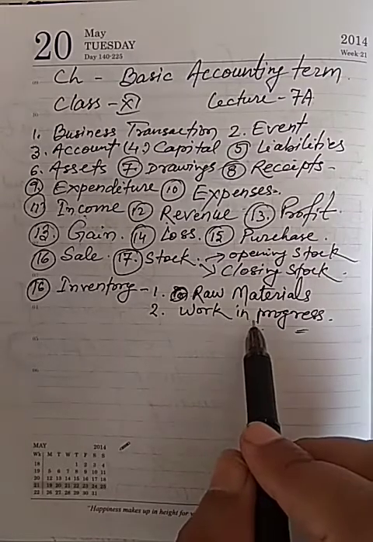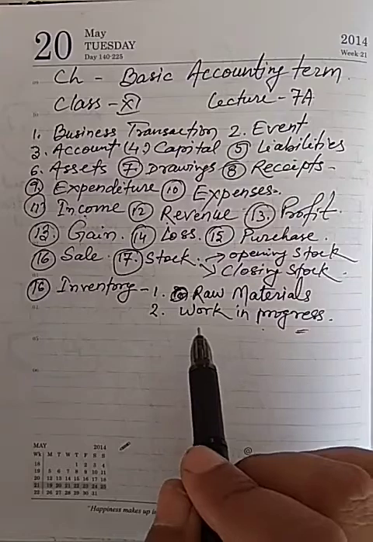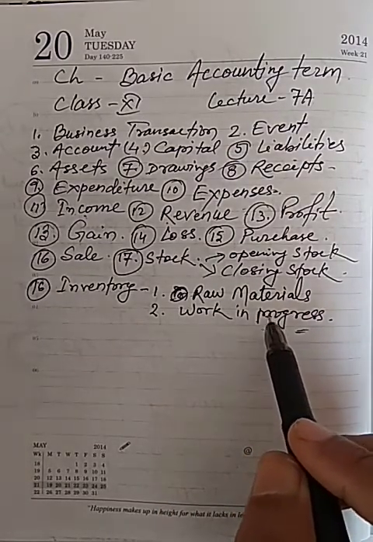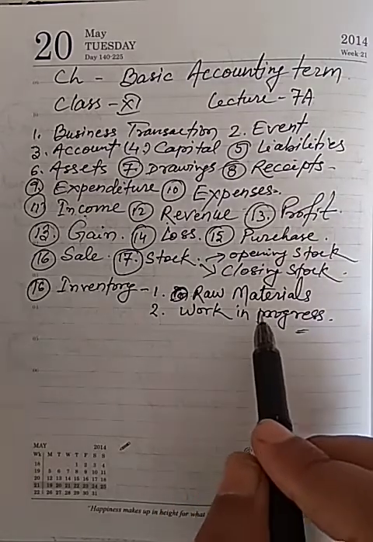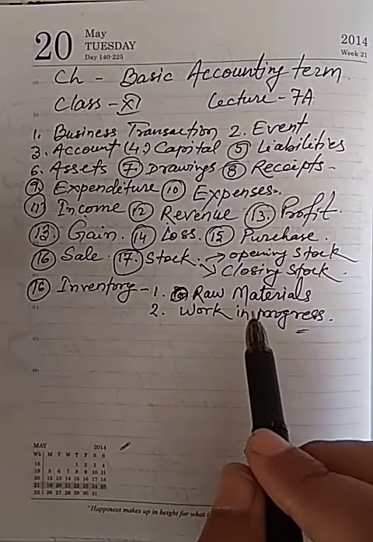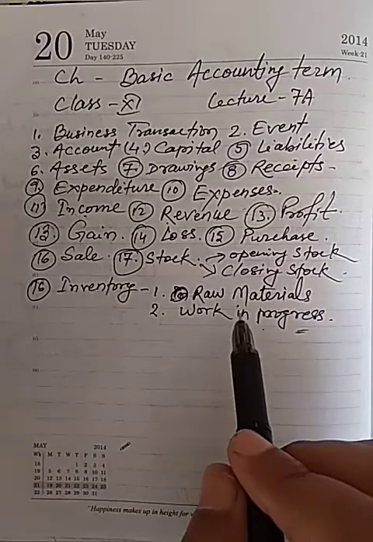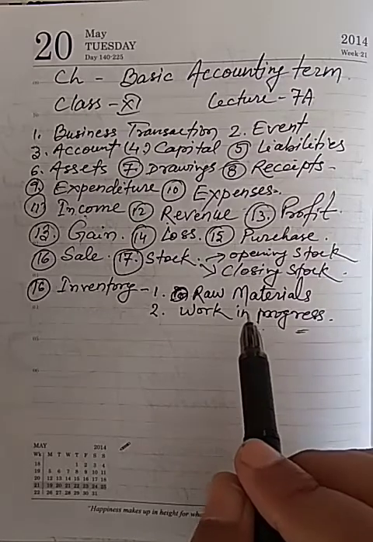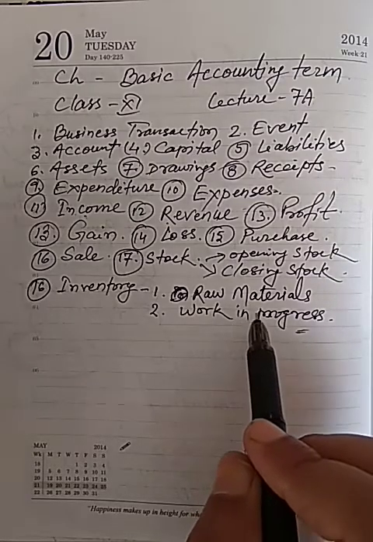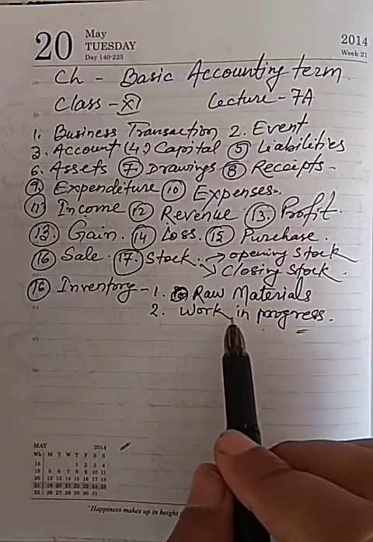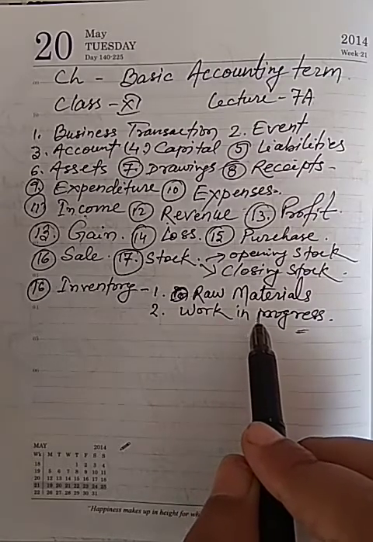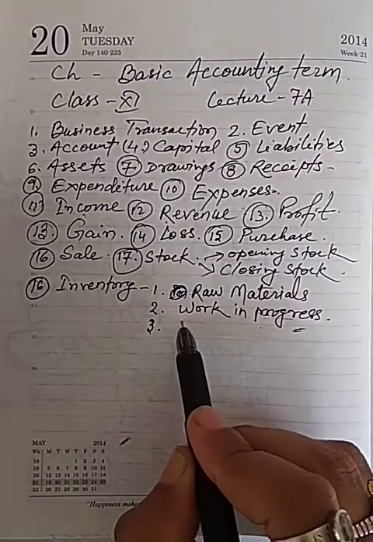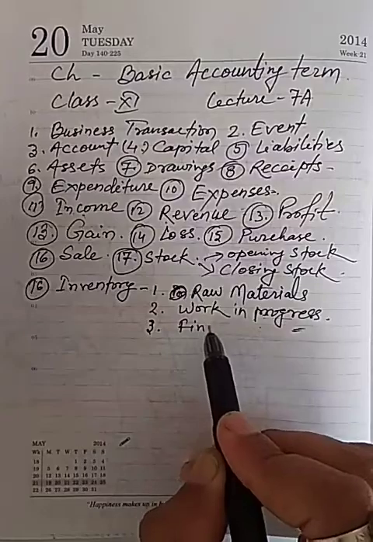For the valuation of work in progress, the value of raw material used in it, the cost of labor, power, fuel, other expenses, etc. are considered. In case of a cloth mill, the value of thread and the unfinished cloth will be inventory of work in progress.